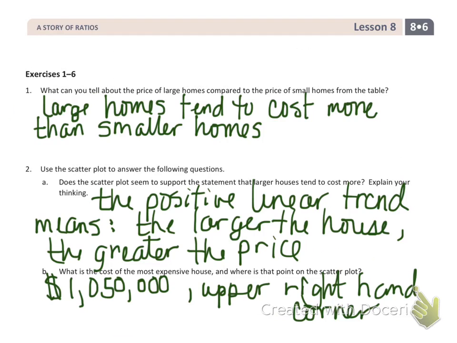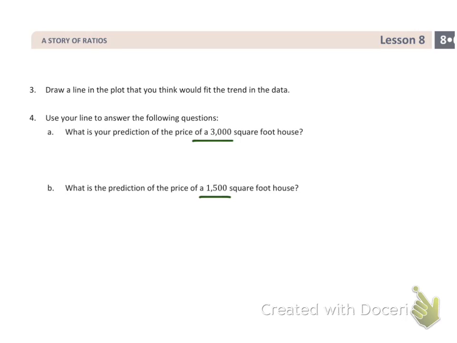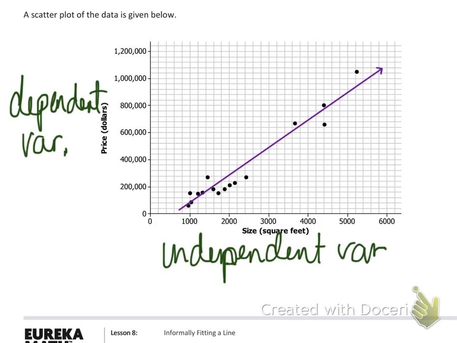So I'm going to go with my line is predicting, whoops, I'm on the wrong question. My prediction for 3,000 would be $500,000. And let's go back and see my prediction for a 1,500 square foot home.